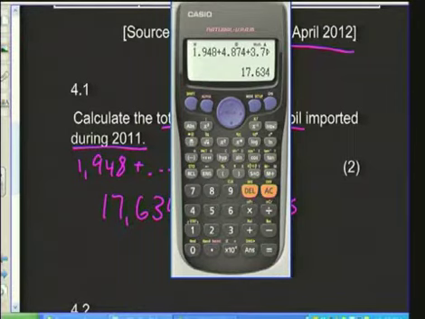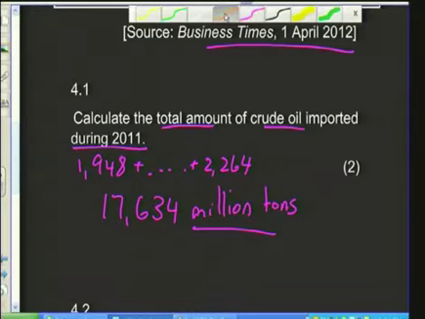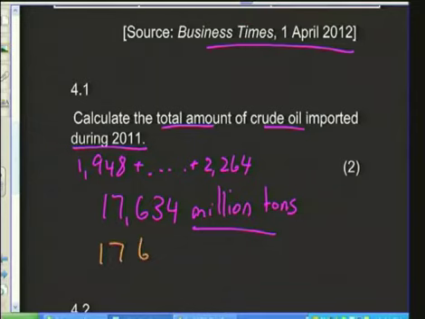But be careful if you do add the million. What you need to do to add that million is take your answer and times by a million, because we are going to get rid of those decimals. So let's just write this, it becomes 17,634 with another 3 zeros, and now that's tons.